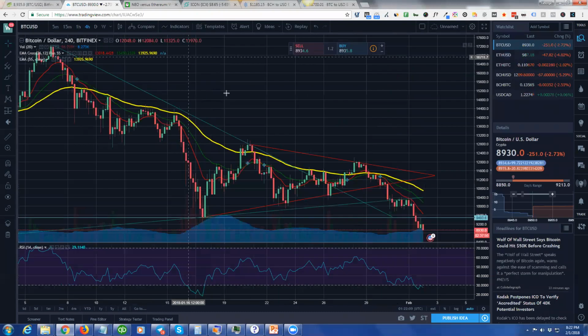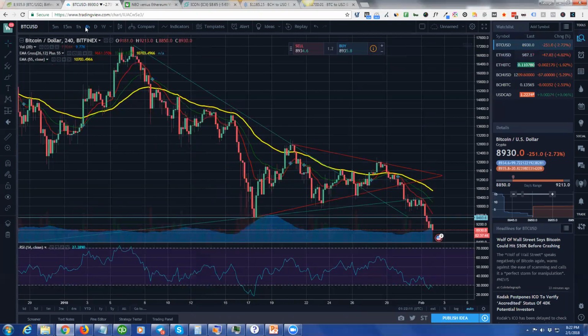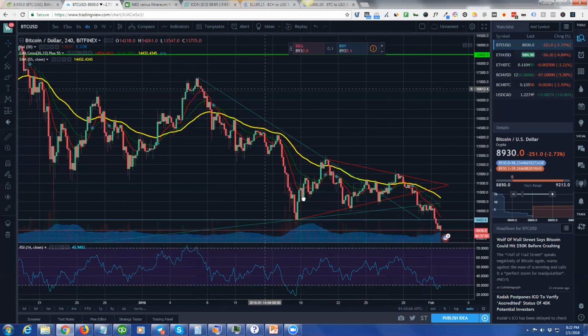All right, so I'm looking at a 4-hour chart, and you can see that since January 6th, look at this steady decline on the market. We hit a low here on January 17th of 9,231, and that was holding really well.